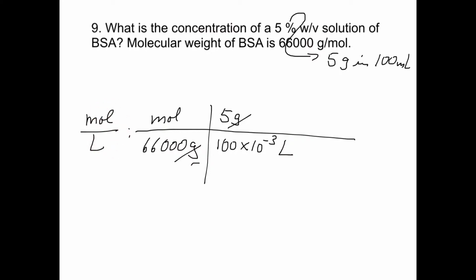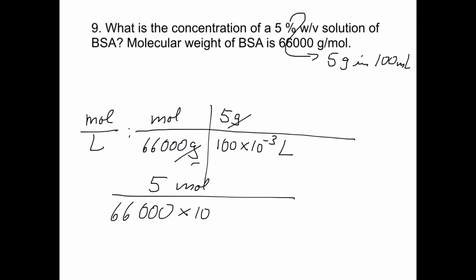So we finished with writing down the different things, and we have 5 divided by 66,000 mole, times 100 times 10 to the minus 3 liter, and if we put that in the calculator we get 7.58 times 10 to the minus 4 molar.